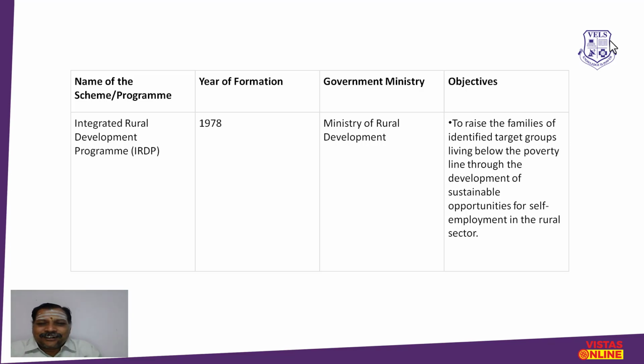For them, they provided employment opportunities, created an ambience for self-employment, and provided some subsidies. So these are all the actions taken in the Integrated Rural Development Program. It's a very successful scheme.